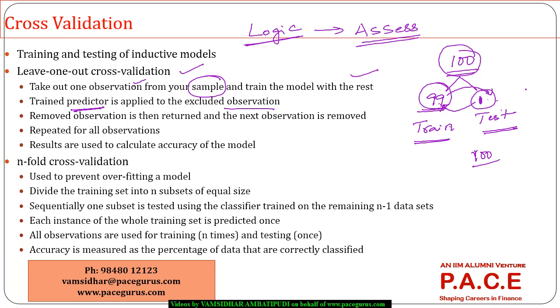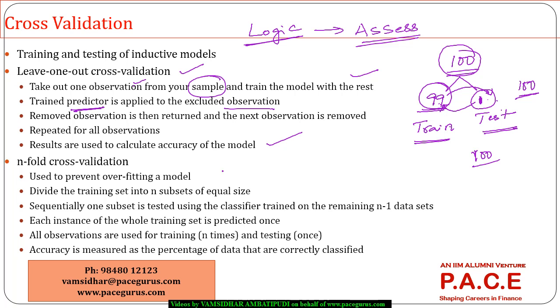Based on these 100 results, we get which class is more appropriate for a particular data point, and based on that, the model assessment is done. That kind of assessment is called leave one out cross validation.